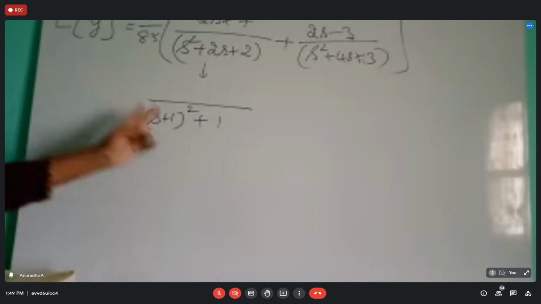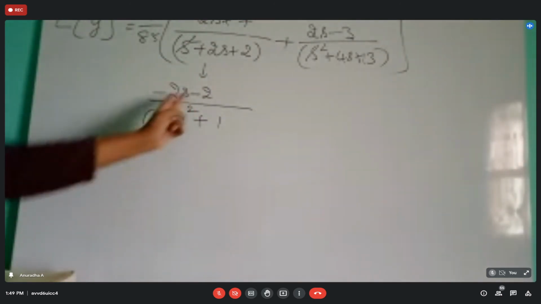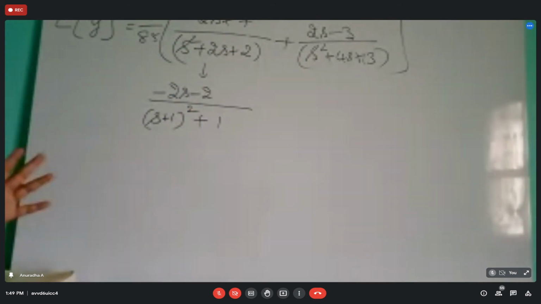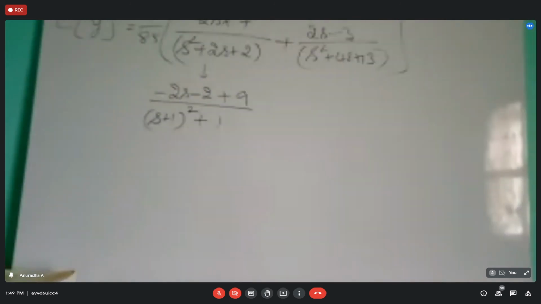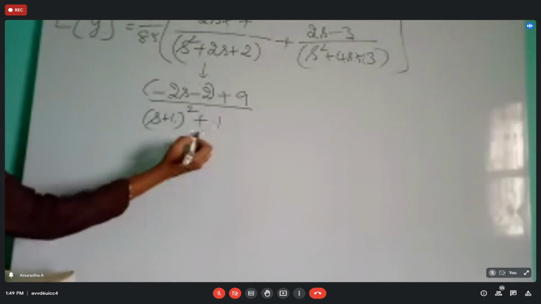I have minus 2 only, so I can take minus 2 common and write it as s plus 1. What is remaining? 7, I have to write in terms of minus 2, so it is plus 9. So one term for this separately, and one term for this separately.